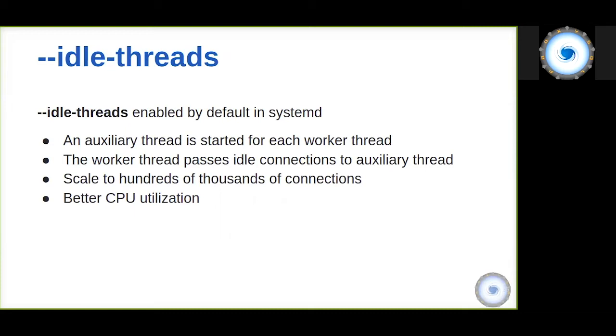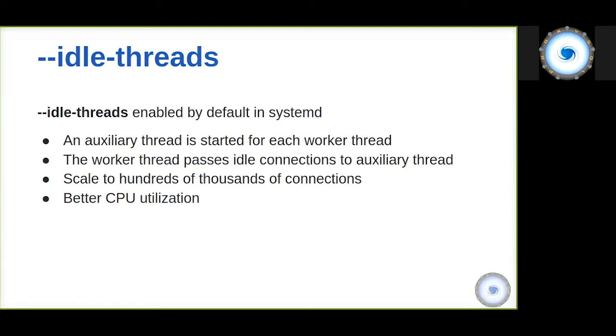Those idle connections create some load, because ProxySQL has to process them even if they are idle. So with the implementation of this feature, ProxySQL is able to pass those idle connections to an auxiliary thread, and those auxiliary threads are responsible for handling the idle connections, while the main worker threads handle the traffic of the most active connections.